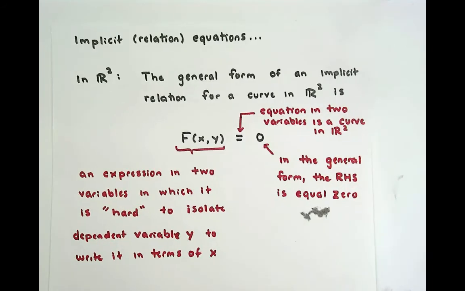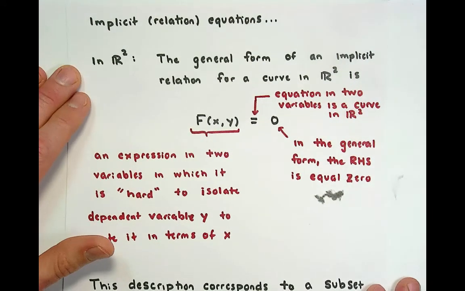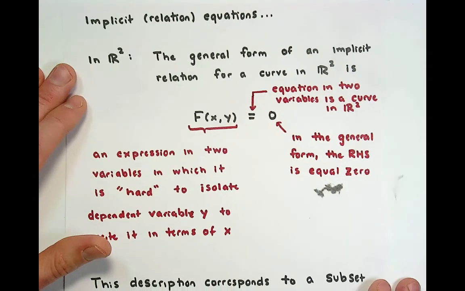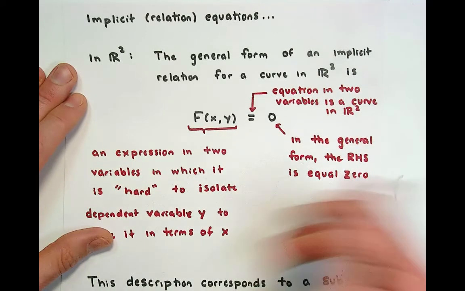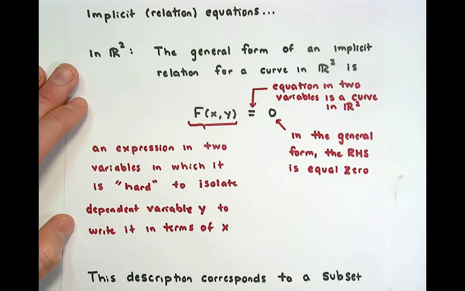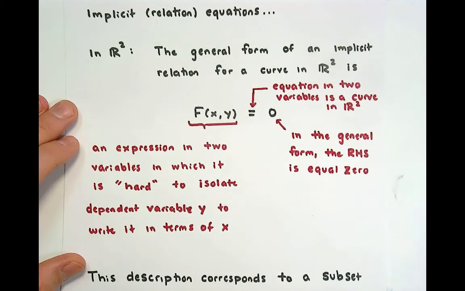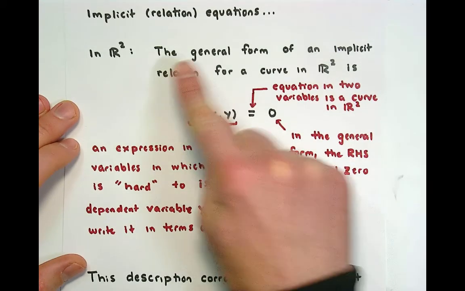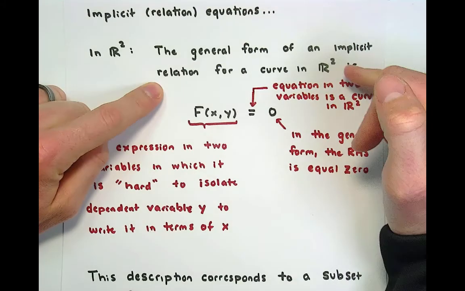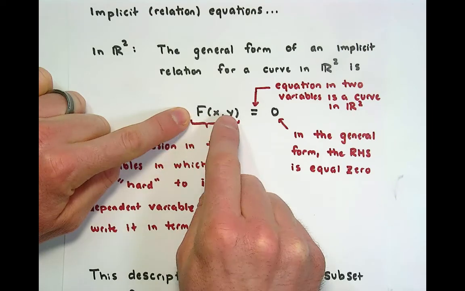Of course, implicit relation equations exist both in R2 and R3, and we will adopt a general form. This is going to come back big time when we start talking about tangent planes and then tangent lines at a point. So the general form of an implicit relation for a curve in R2 is given by capital F of x comma y equals 0.